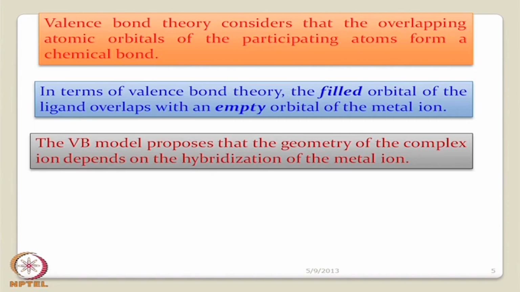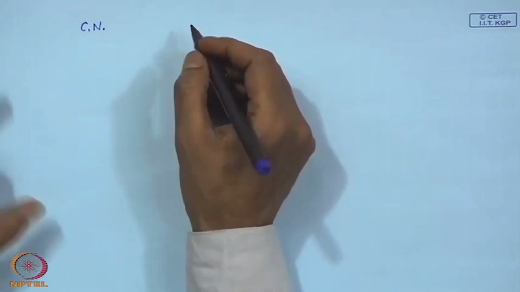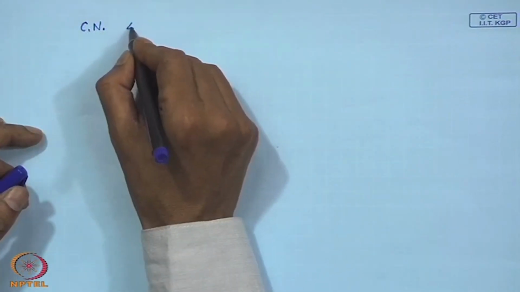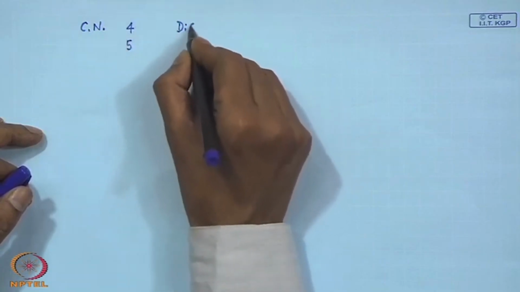In a three-dimensional complex many geometries are possible, which is not so in organic chemistry centered on carbon, because there the carbon center has only tetrahedral geometry. But in metal complexes, we have seen earlier that depending upon the coordination number, say 4 or 5, we can have different geometries.